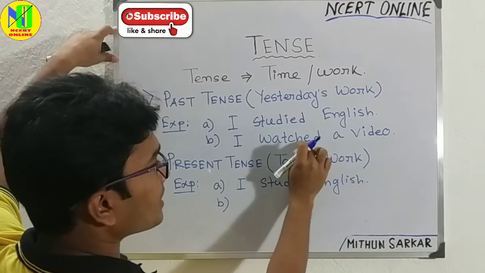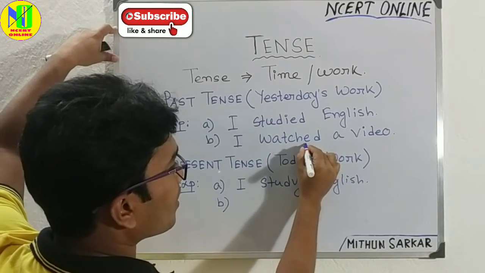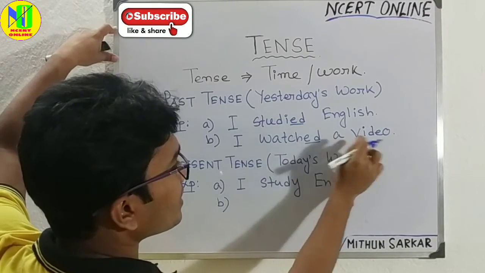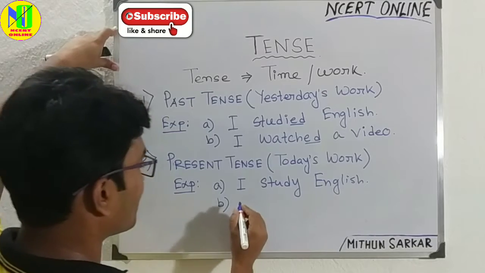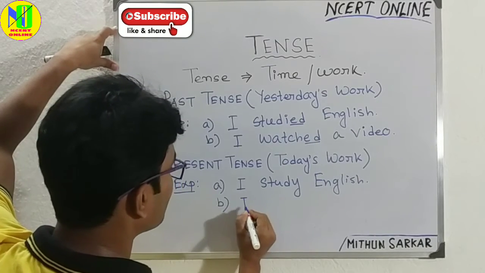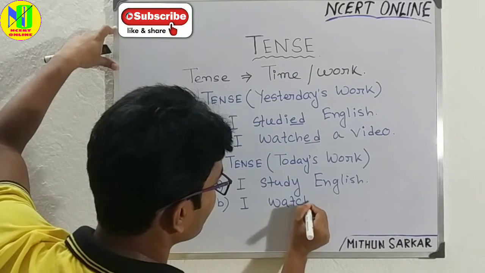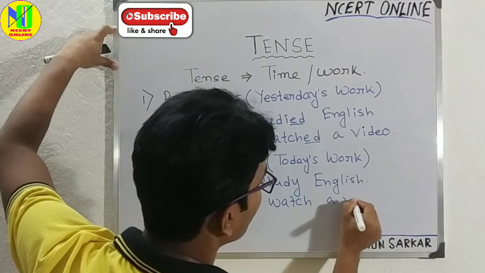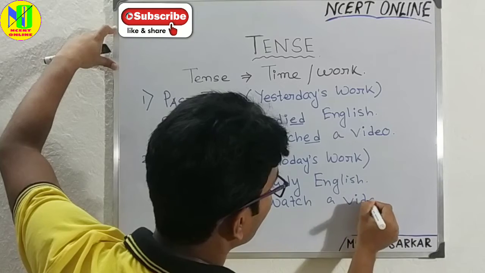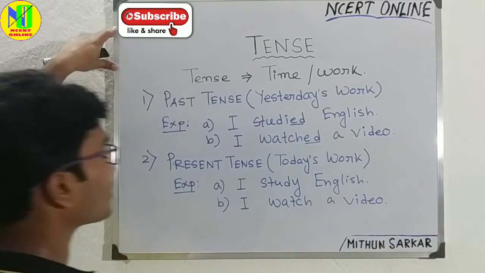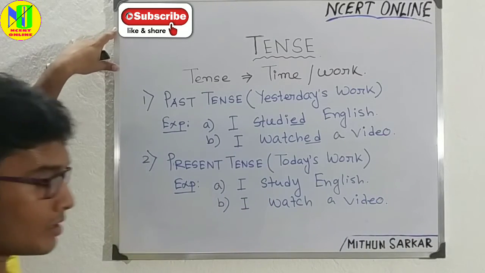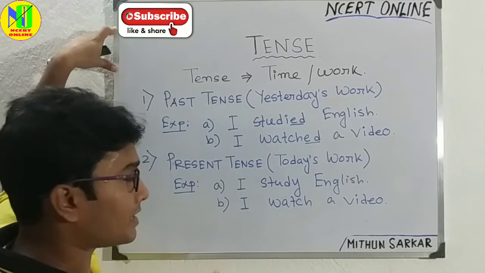Then the same example here: I watched, with ed, a video. It is past tense. But when I write present, I watch a video. Like this, one more is future tense.